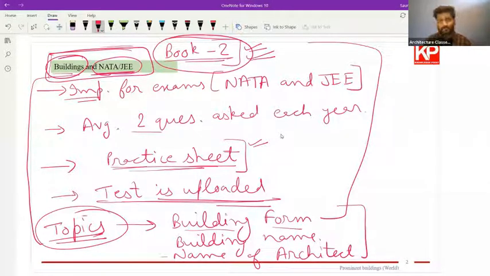Why is this important? Because sometimes NATA asks you the architect of some building, like the architect of Fallingwater. So you should be able to recall the name.